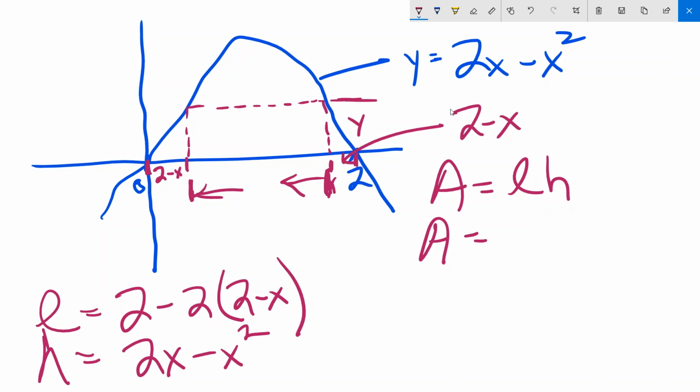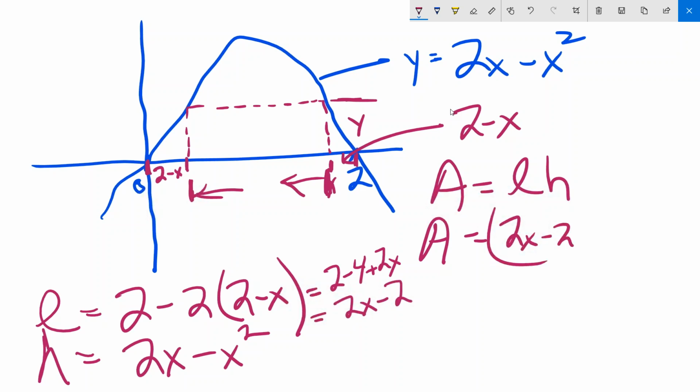So this becomes 2 minus 4 plus 2x, so that becomes 2x minus 2. That's the length. 2x minus 2, right? Yes, sir. Times the height, which is 2x minus x squared.